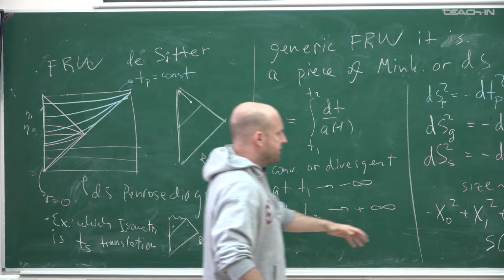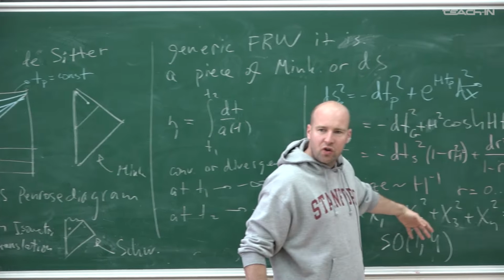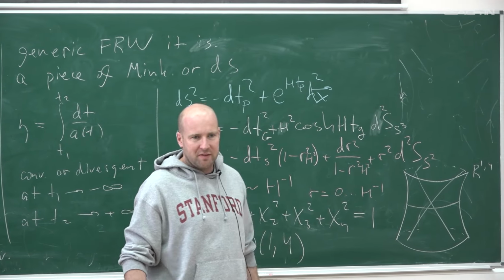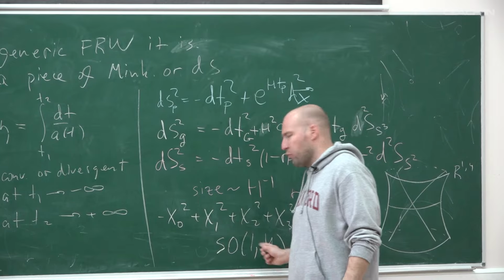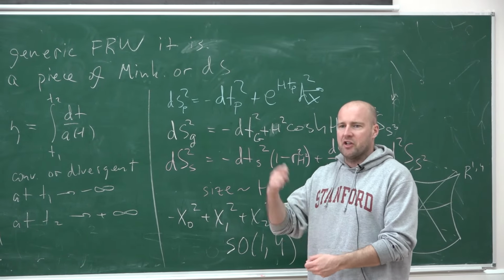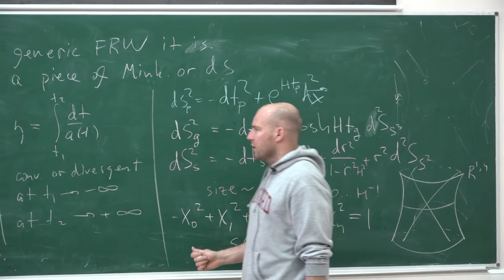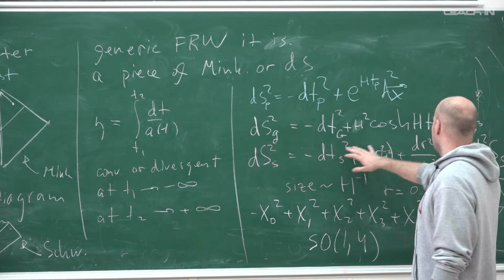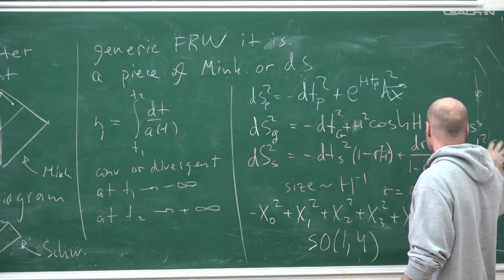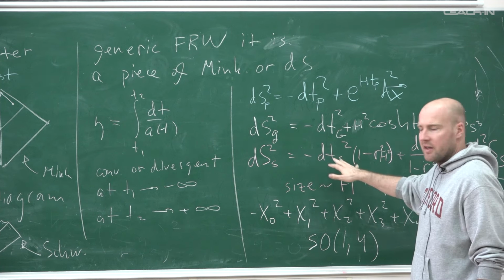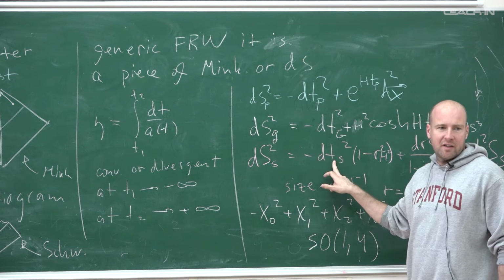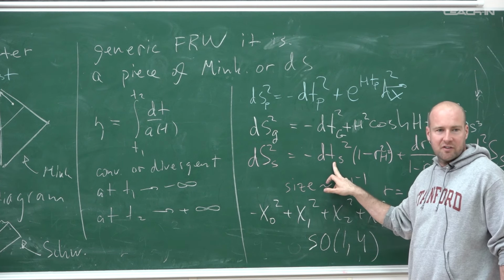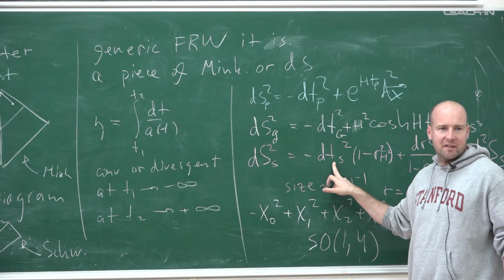Because all these generators have some sort of boosts or rotations. We don't have any translations inside the Lorentz group, but there is one of the boosts, basically one of the non-compact generators, that once we parameterize the de Sitter space in these static patch coordinates, simply shifts the static patch time by a constant. It becomes translations of the static patch time.